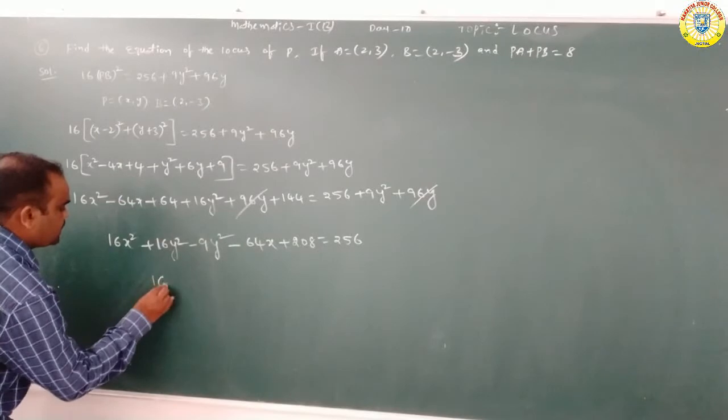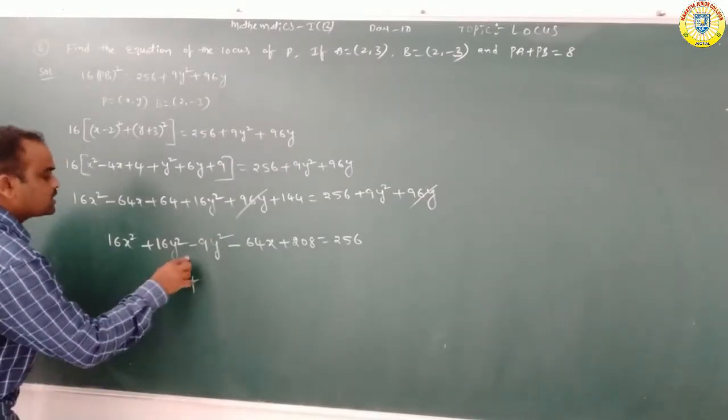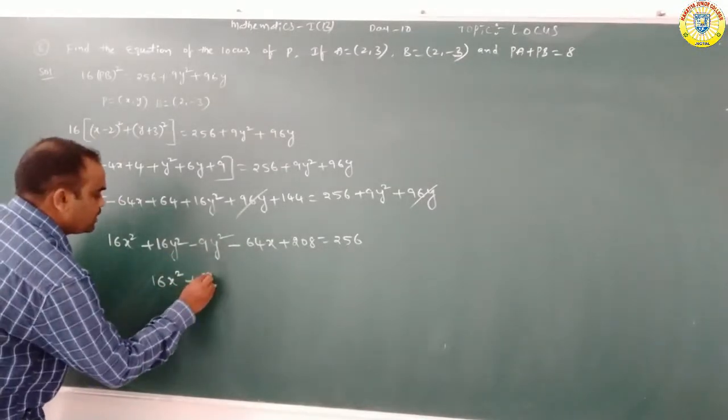Here 16x square plus 16y square minus 9y square.